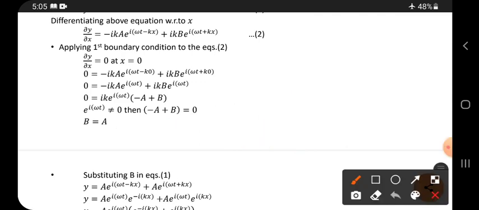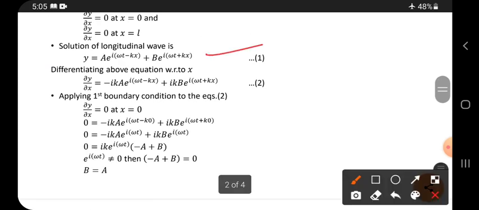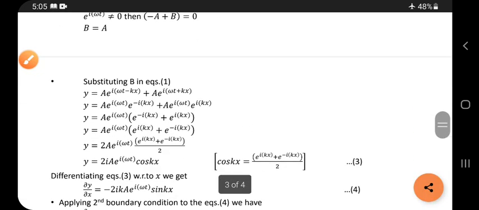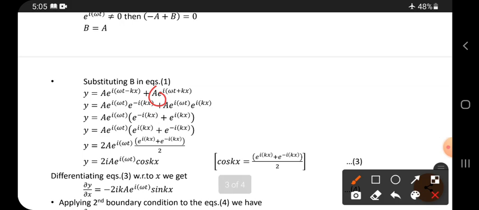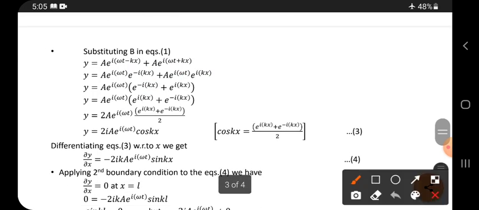Now substitute b = a in equation 1. In the place of b we substitute a. Now separate the exponential terms, and after separation take out the common factors.